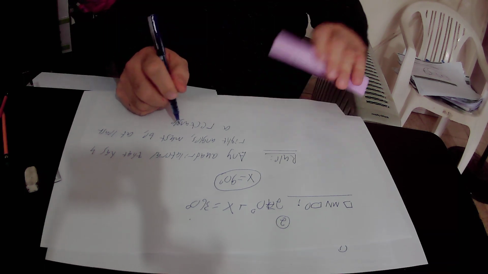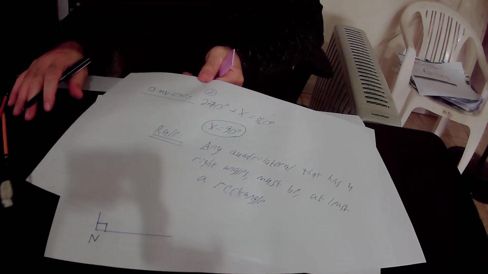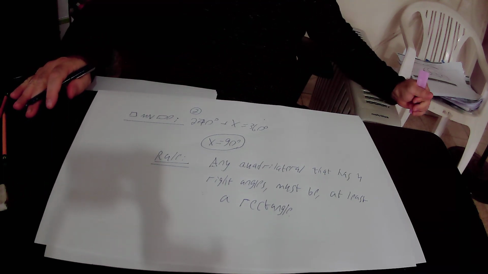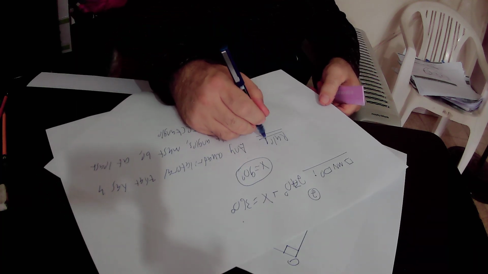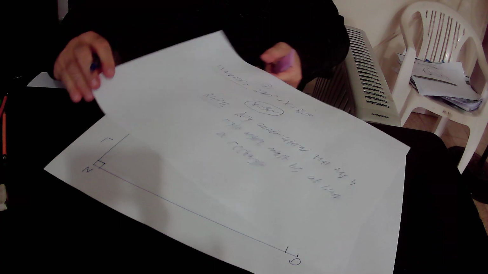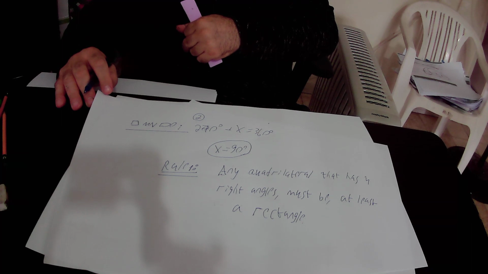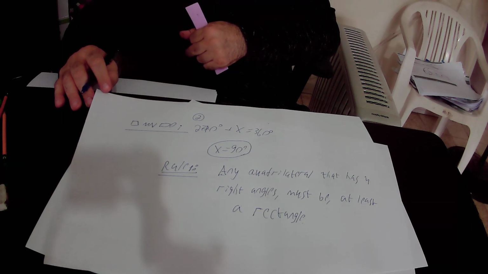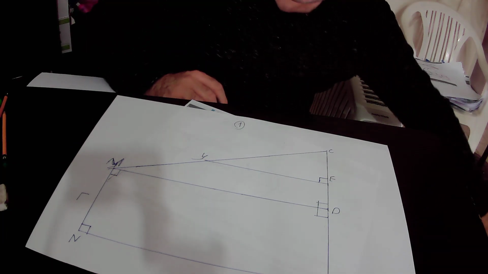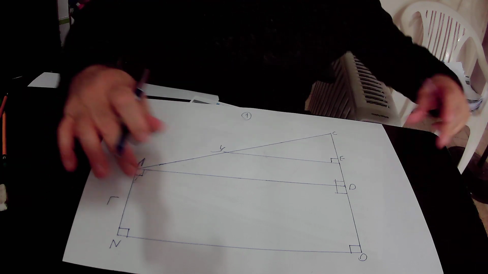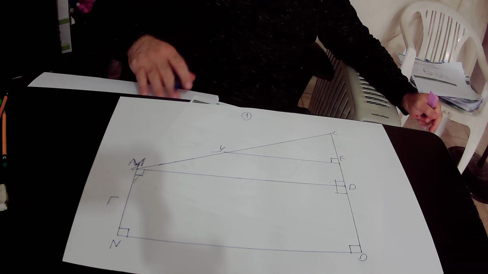Okay, I read again the rule. According to rule number 1, any quadrilateral that has four right angles must be at least a rectangle. Therefore, we conclude that quadrilateral MNDO is at least a rectangle.